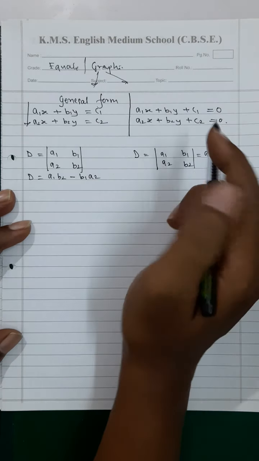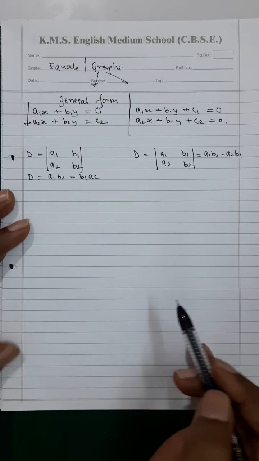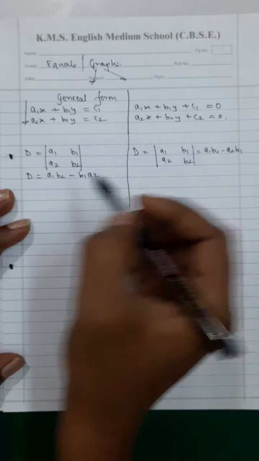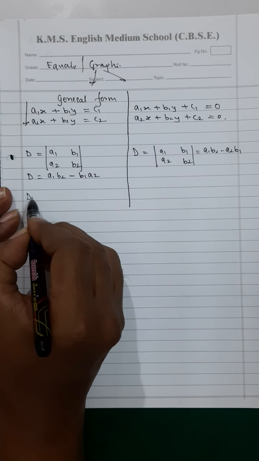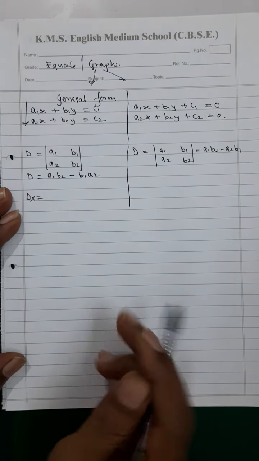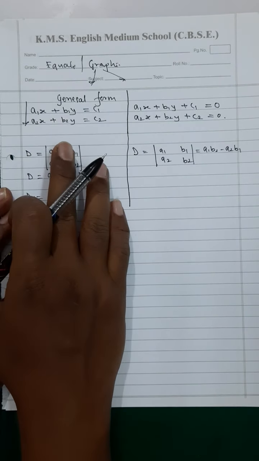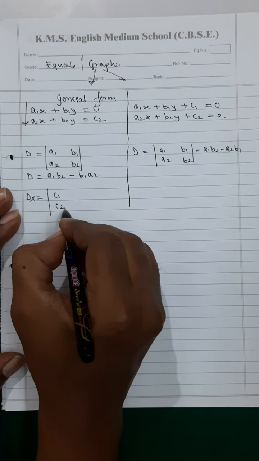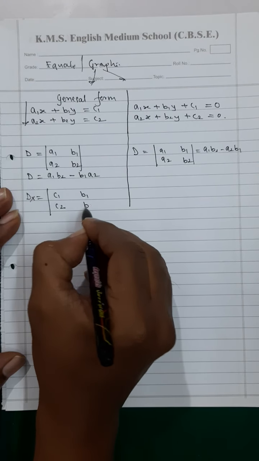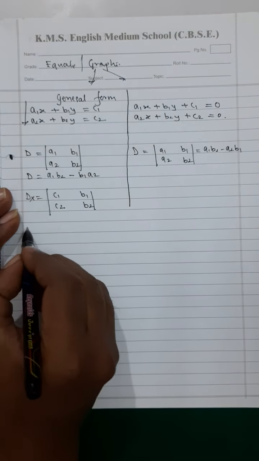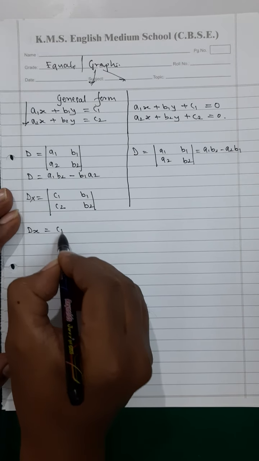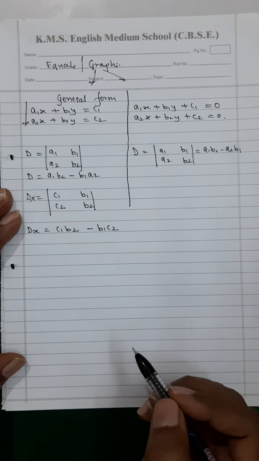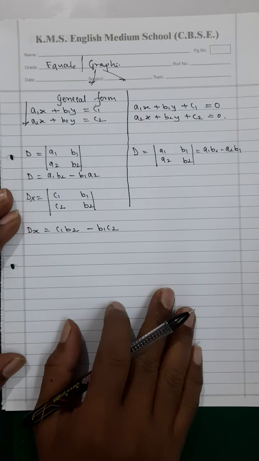This is going to be the same because the signs are the same. But when you find dx in this method, you will be swapping this. You will write C1, C2, B1, B2 over here, and then dx will be equal to C1, B2 minus B1, C2.